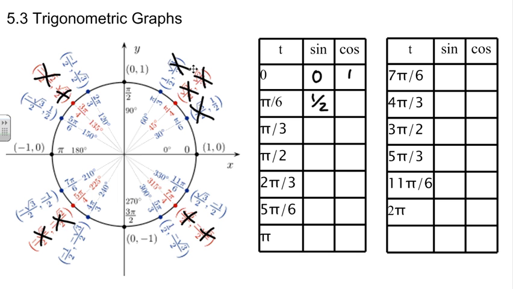Pi over 3, cosine is 1/2. Pi over 2, cosine is 0, sine is 1. 2 pi over 3, we'll ignore sine, but cosine is negative 1/2. 5 pi over 6, we're going to ignore the cosine, but sine is positive 1/2.